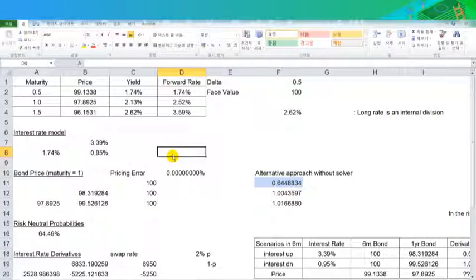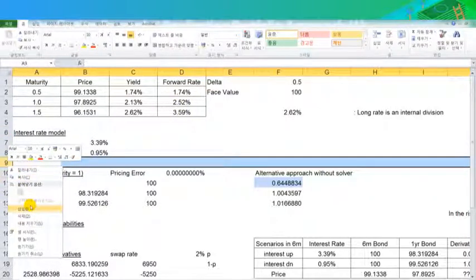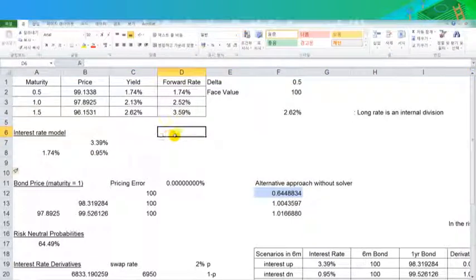Here we have our Excel file, same data. And then let's make a small table. To make more space. So here, scenarios in 6 months.